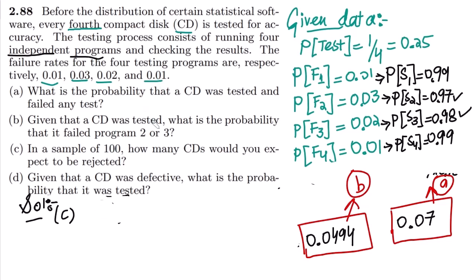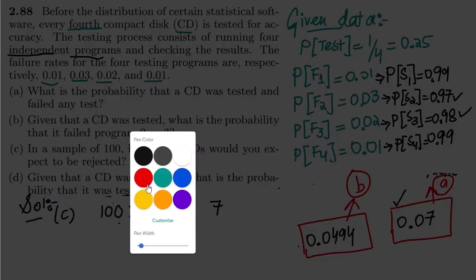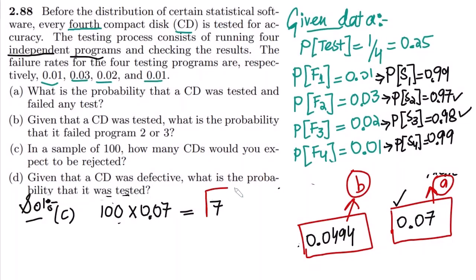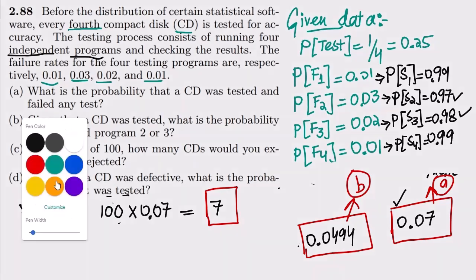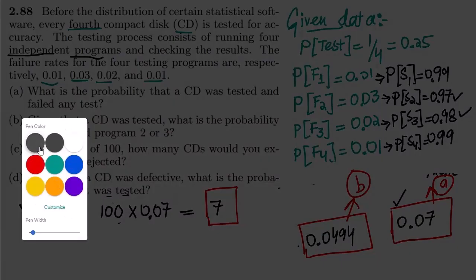So the probability of failing any test is 0.07, and the total number of samples here is 100. So multiplying them, what would I get? Here I will get 7. So out of 100, there is a chance that 7 CDs would be rejected. Okay, so this is the solution of part C.